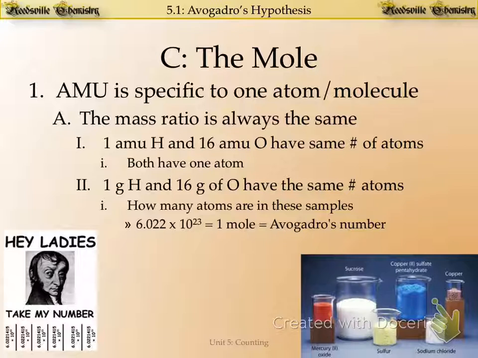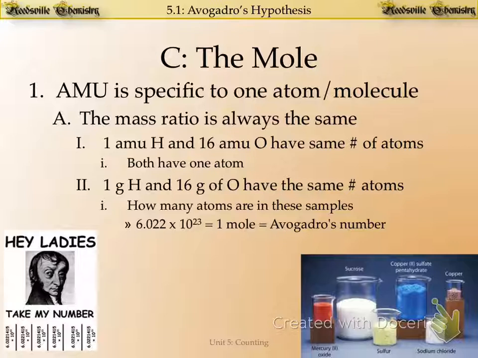And I like this picture in the lower right-hand corner. I think it's quite interesting. There's 6 different samples: mercury oxide, sucrose, which is just table sugar, sulfur, copper 2-sulfate pentahydrate, just regular copper, and sodium chloride, or table salt. And what's interesting is that each one of these samples has exactly the same number of molecules inside of them, or atoms.